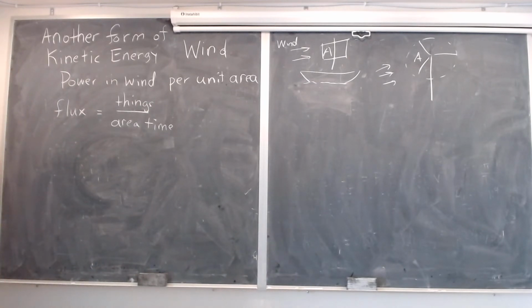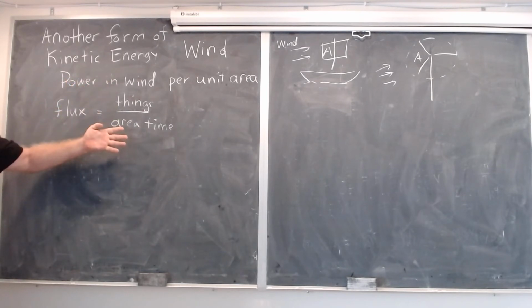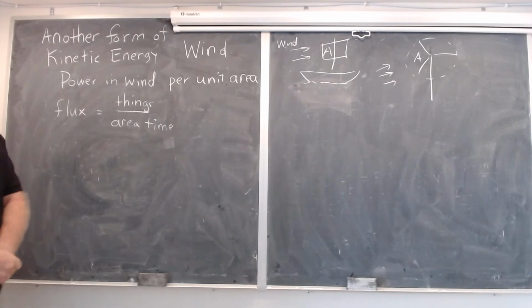Basically, flux is the number of things that pass a certain area in a certain amount of time.